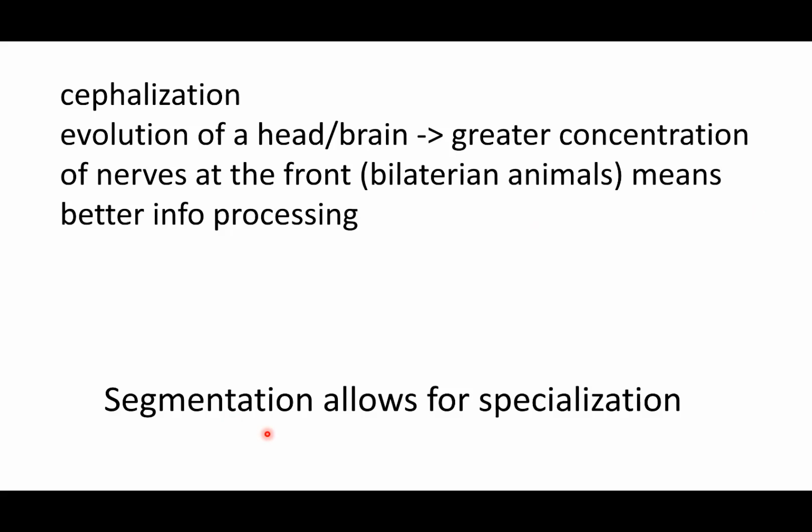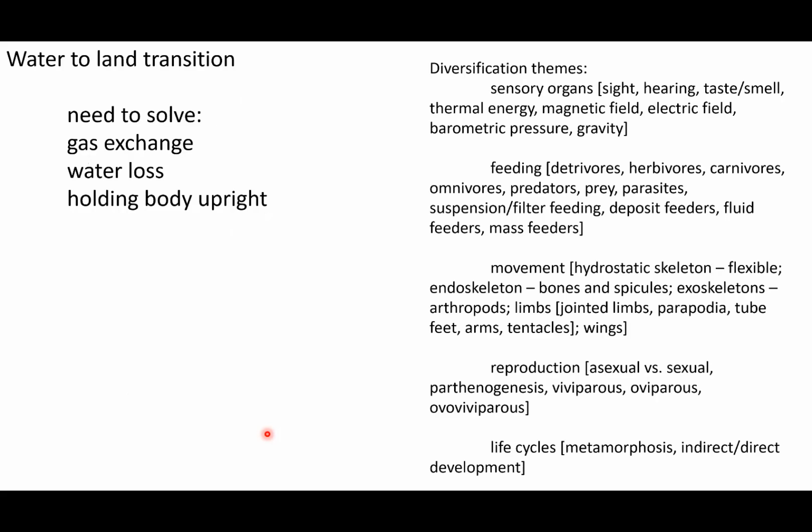So when we talk about these features, we're really just talking about how animals came to respond to different challenges in their environment as we go through evolutionary history. And some of these challenges were found during the water to land transition.